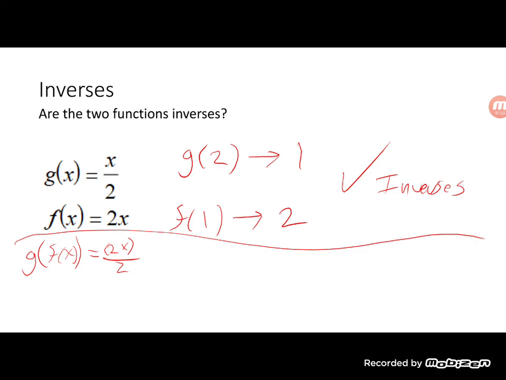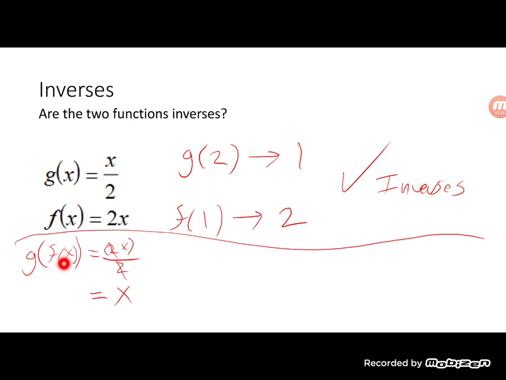Well, you're going to see. This is a more general way of testing to see if it always works. You plug that in there, and you ask, what can I do with that? Well, I can cross out my 2's, and that's going to give me just x. Which is good because the definition is: if your function undoes your inverse function and gives you out just x, they are inverses. I'll say that again.